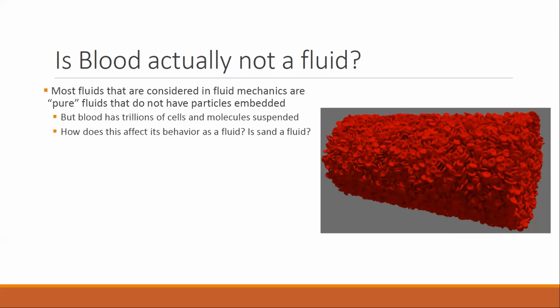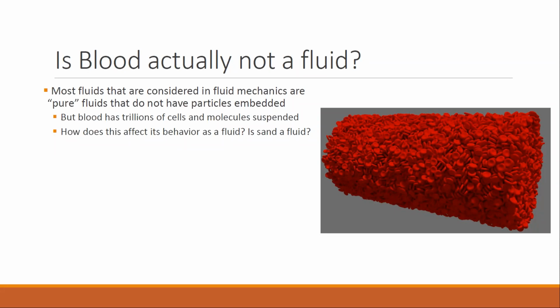Because blood has trillions and trillions of cells suspended in the fluid, technically it doesn't follow the same rules as a traditional fluid. For a fluid, you can apply things like Navier-Stokes, the Bernoulli equation, or conservation of mass to measure its response. For blood, technically you can't do that because it's a suspension of particles.